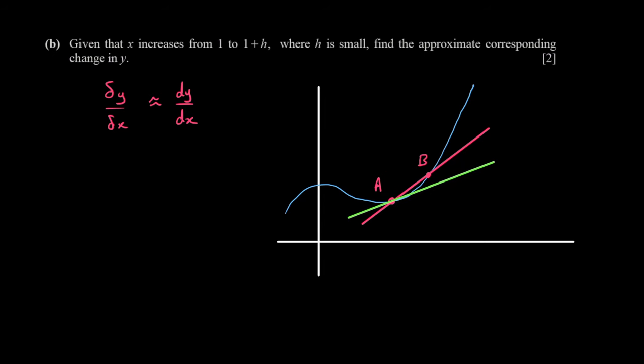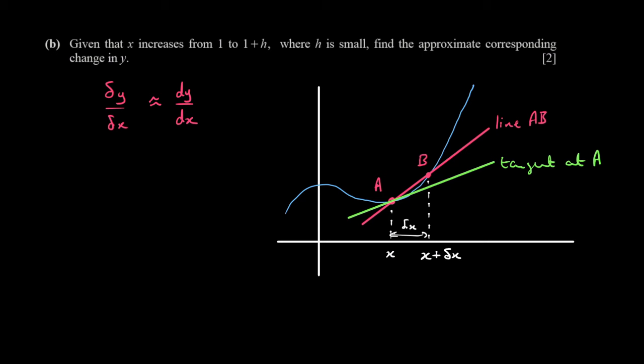So this is the line AB, and the green thing is the tangent at the point A. Now let us say that the coordinate at A is just x, and this point B is a little distance away from A, and that little distance in the x direction we'll call delta x. So this coordinate here is going to be x plus delta x, because we've moved a little distance delta x along.